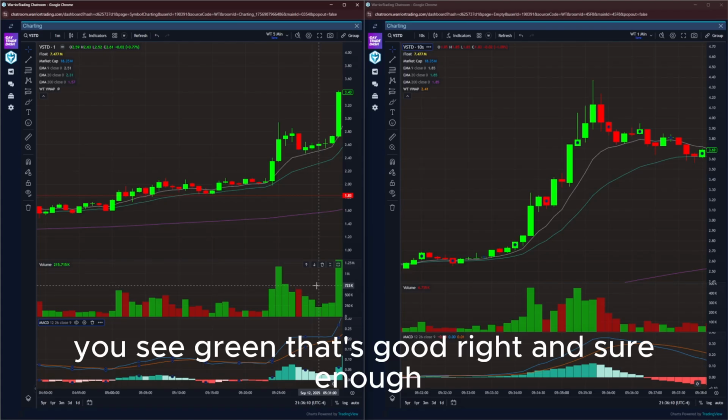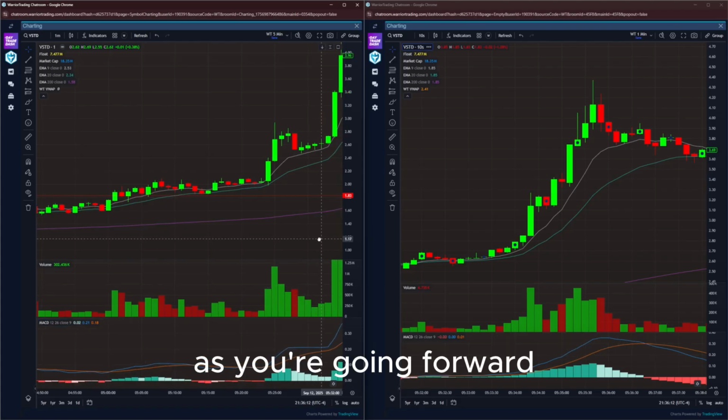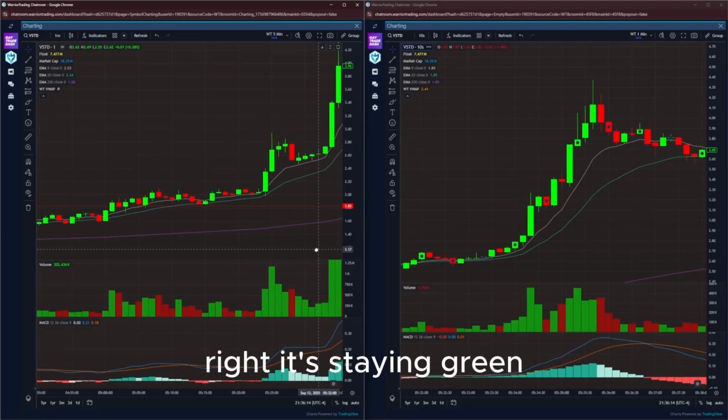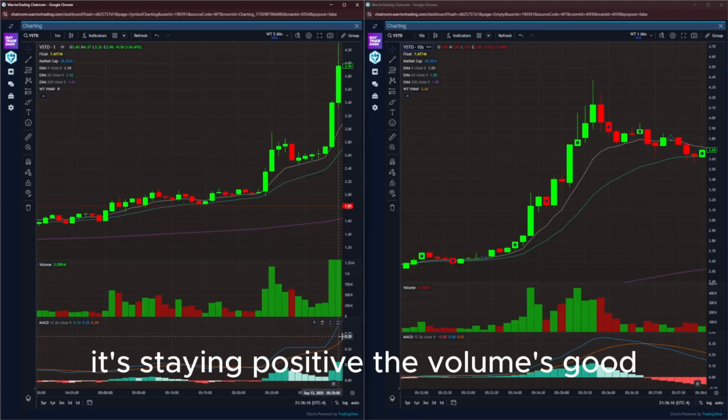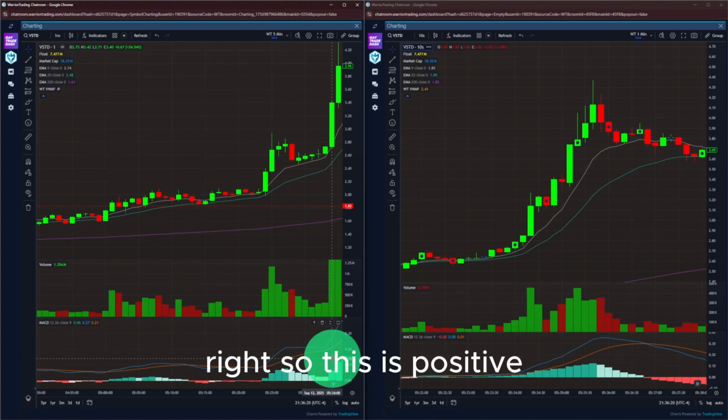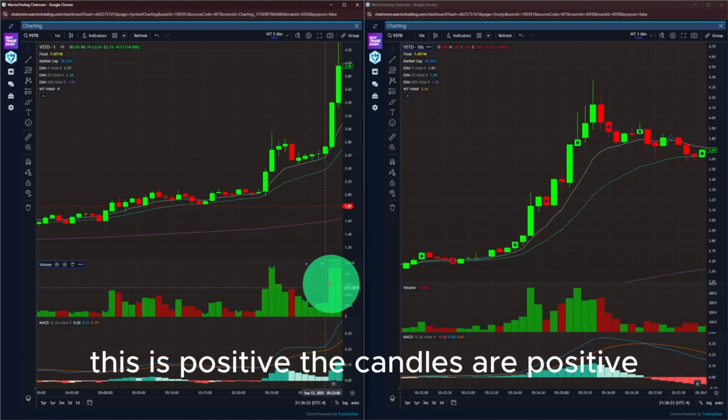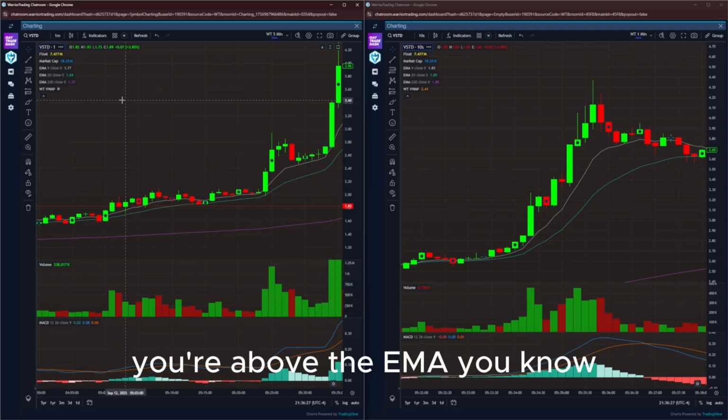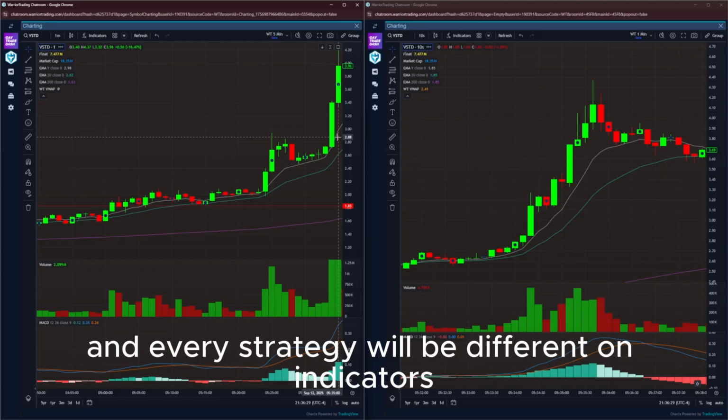And sure enough, as you're going forward, it's staying green, it's staying positive, the volume's good, right? So this is positive, this is positive, the candles are positive, you're above the EMA, and every strategy will be different on the indicators.